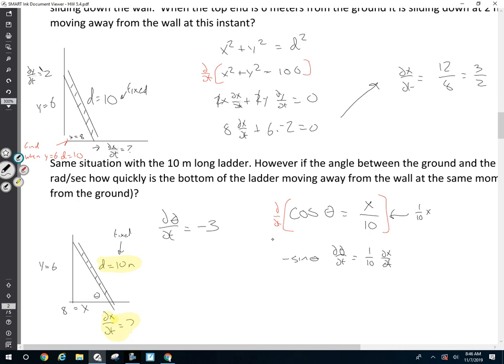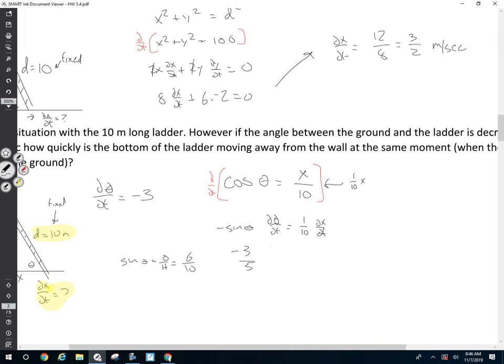D theta dt, that's -3. All I need to do is find negative sine theta. Well, sine of theta is equal to the opposite over the hypotenuse. The opposite of theta is 6. The hypotenuse is 10. So I get -3/5 times -3 equals 1/10 dx dt.